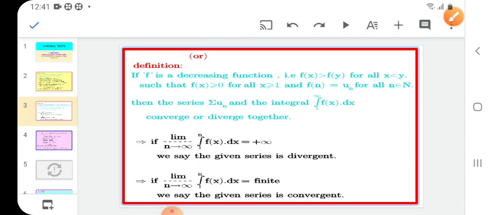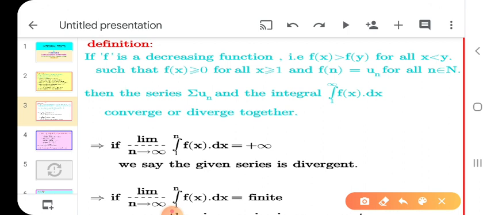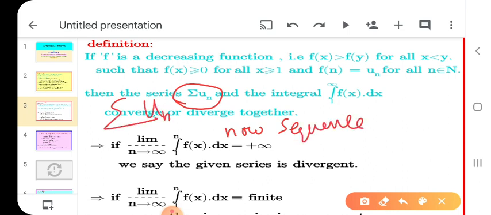Now I explain the procedure again. See here. Let the given series be summation un. Summation un is our given series. Now I take the sequence of partial sums. Summation un means summation from n equals 1 to infinity.